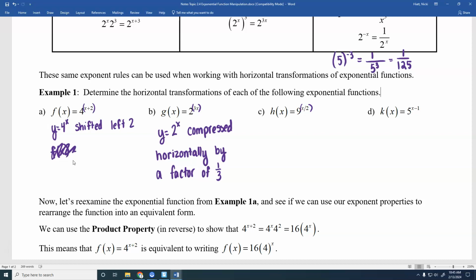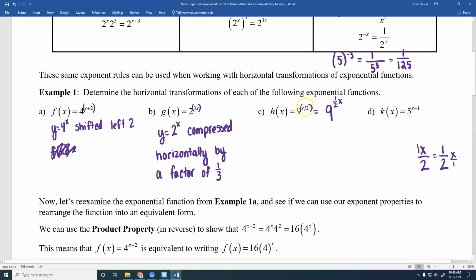If we want to be more specific, is it going to be a compression or an expansion? It's expansion. What I like to do with this sometimes is I like to write it this way. Instead of writing it as x over 2, I like to write it as 1/2 times x. That is equivalent because x divided by 2, there's a 1 right there, right? So if I separate my coefficients and my x, that's still equivalent because the x right there is understood to be over 1, and if I multiply them back together, I get x on top, I get 2 on the bottom, right?